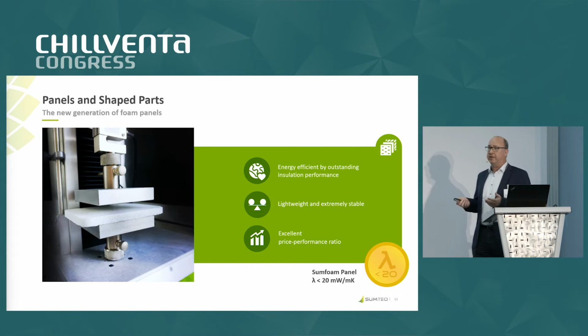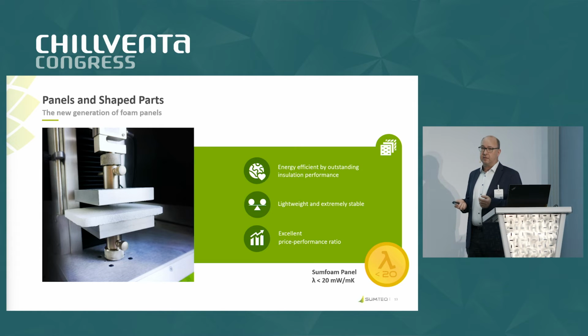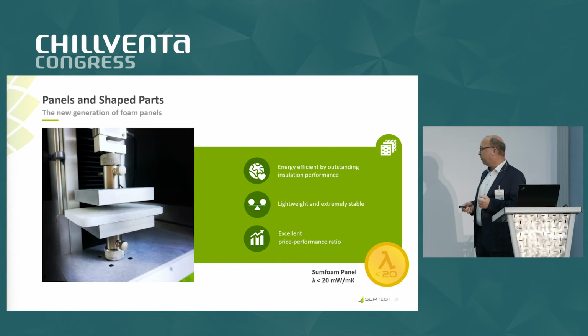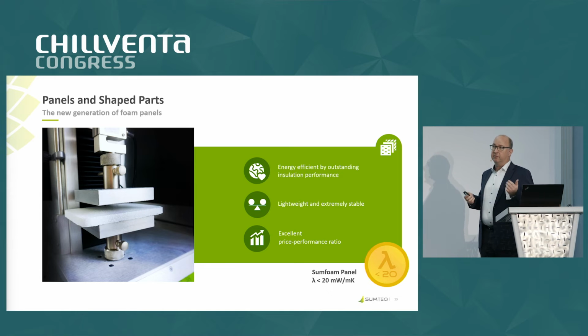We have a weight between 150 and 200 kilogram per cubic meter, depending a little bit on the stability and compressive strength needed. And it has also an excellent price-performance ratio. Compared to other high performance materials, we have around half of the pricing.